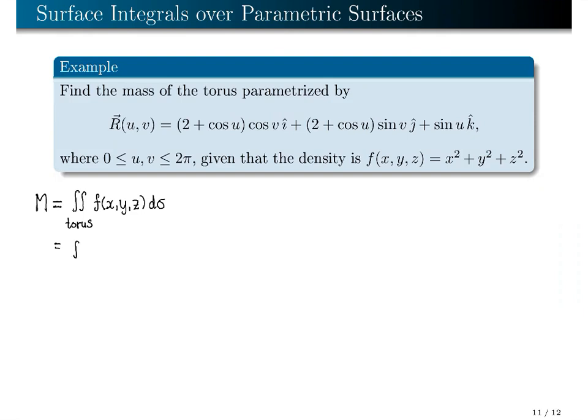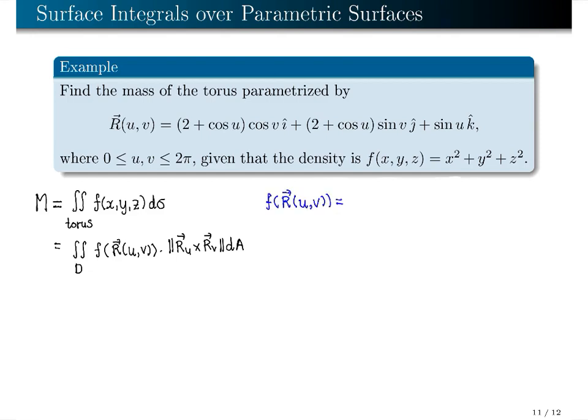We obtain the double integral of, we need to express x, y, z in terms of UV, which we write as f of r of UV, multiplied by d sigma, which is just the magnitude of ru cross rv dA over some region D on the UV plane. We need to compute the magnitude of ru cross rv, f of r of uv, and identify the region D in the UV plane.